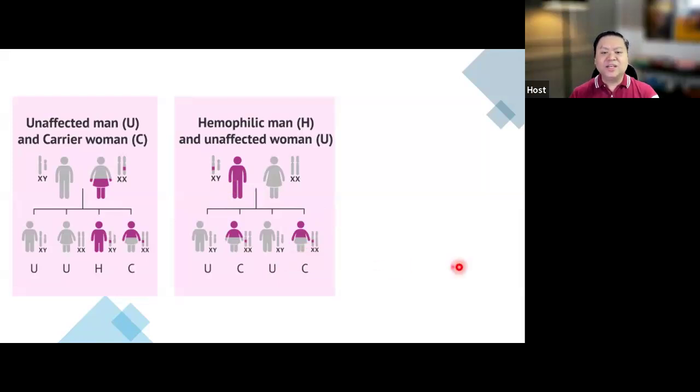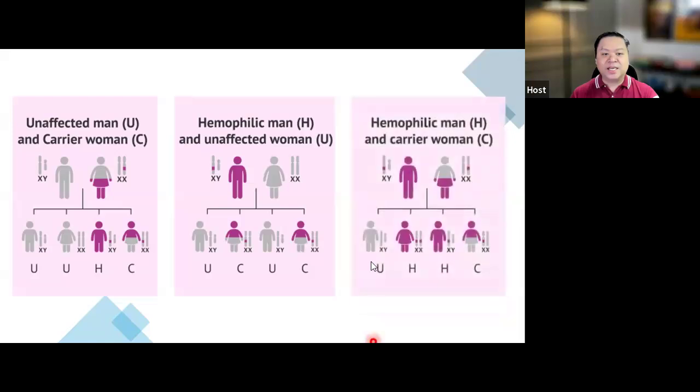Now, let's move into another illustration, wherein the father has hemophilia and the mother has the mutation. So she is a carrier, and the father has hemophilia. So let's go into the scenario now. The outcomes could be the following.